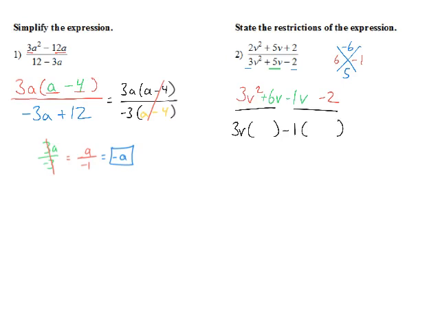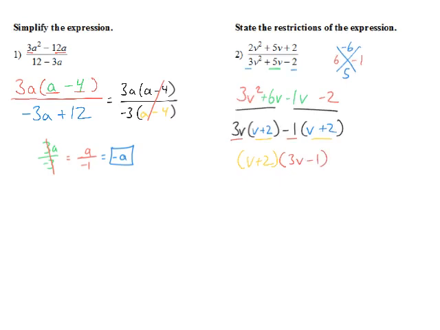Once I do that, 3v times v will give you 3v squared, and 3v times positive 2 will give you 6v. And then negative 1 times v will give us negative v, and negative 1 times positive 2 will give us negative 2. Lastly, we're going to take these two pieces, pull them out as a GCF, and we are going to leave these behind, so it's the second term, which is 3v minus 1.